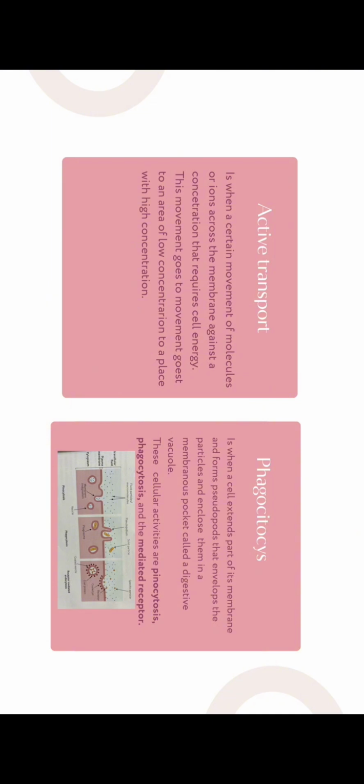Active transport is the movement of molecules or ions across the membrane against a concentration gradient, which requires cell energy. This movement goes from an area of low concentration to a place with high concentration.